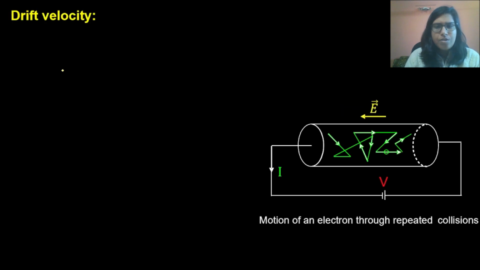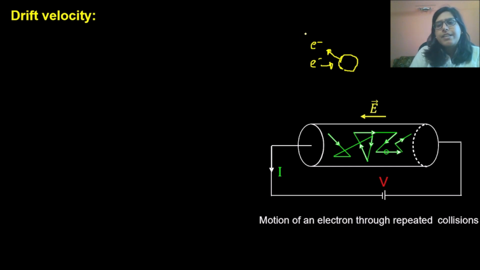Now drift velocity. So we know the electrons move in a zigzag direction. Why? Because suppose electron is moving in this direction, then it will collide with an ion and its direction will change. Now if electron is moving in this direction, again it will collide with another ion and its direction will change.